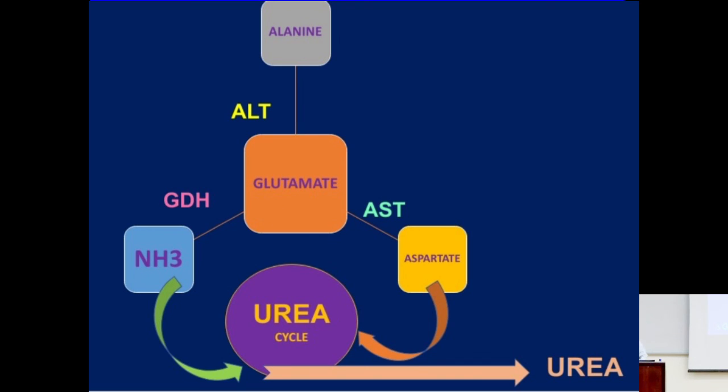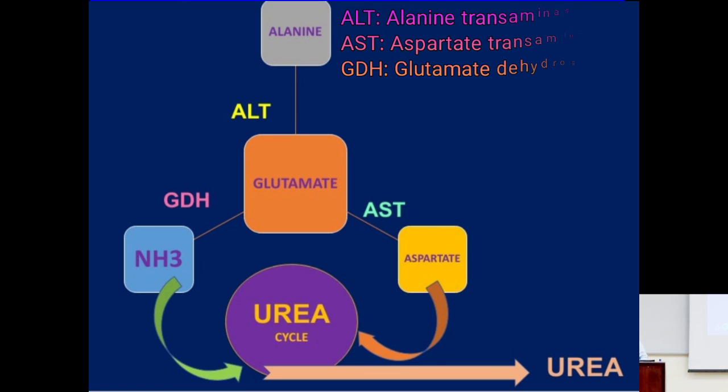Now glutamate, we said, can have one of two fates. It can give its nitrogen to the keto acid oxaloacetate to form aspartate. And what's left of glutamate is alpha ketoglutarate once that happens.